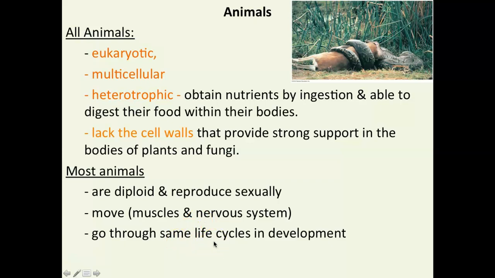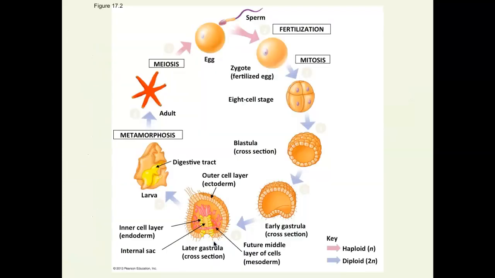So what are those life cycles? As an embryo, all animals go through these stages. We have sexual reproduction, so we have a sperm and an egg. These are haploid cells, and they fuse to make a zygote. This is 2N. And then that zygote undergoes many replications of mitosis, and we're going to divide more and more, and pretty soon we're going to form a blastula.